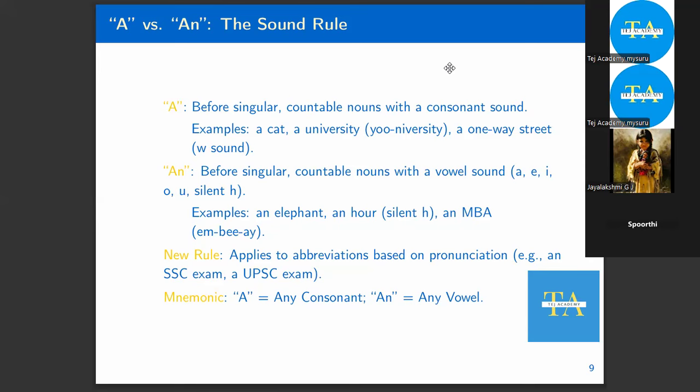It will be the same case with European. We don't say an European car. We say a European car, a European visitor. Although European starts with EU, it gives the sound of YOU. So that's why we use a in front of European or university.